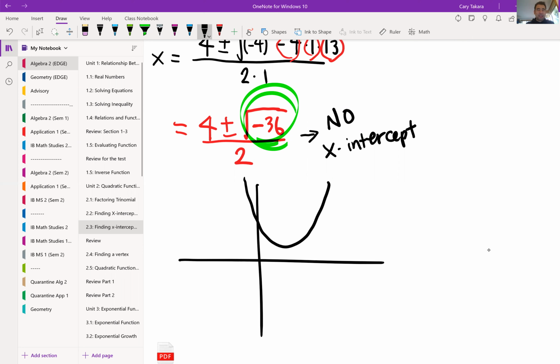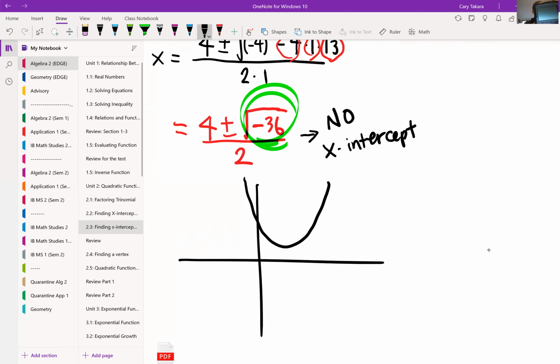Some quadratic functions will never dip deep enough to hit the x-axis, so there is no x-intercept. So anytime you get the square root of a negative number, then you know that there is no x-intercept.